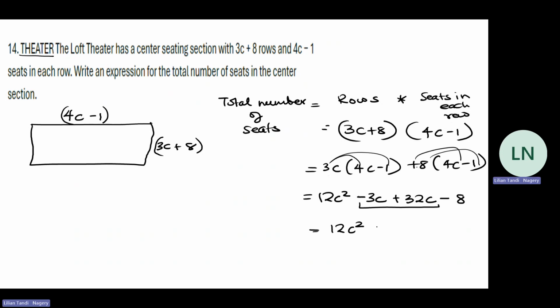This should be 28 or 29. Okay, 29, I think. 32 minus 3 is 29. Yes, 29C, positive, and then negative 8. And you box your answer. The question asks, write an expression for the total number of seats. Your unit will be seats.